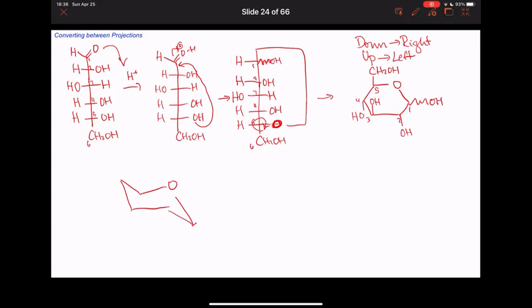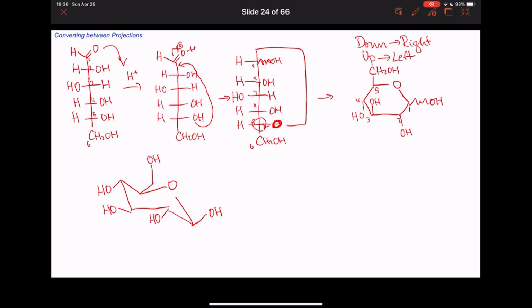So your anomeric carbon, let's just say that it's going upwards. And then if that one's going upwards, then the next one's going down. And then the 3rd carbon is going up. Carbon 4 is going down. And then carbon 5 is going up.